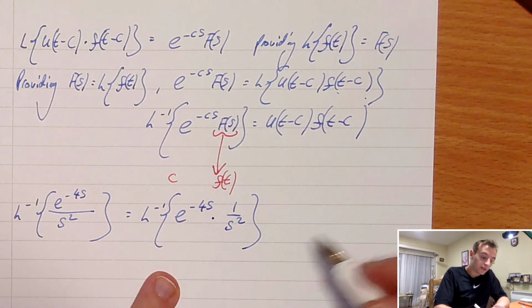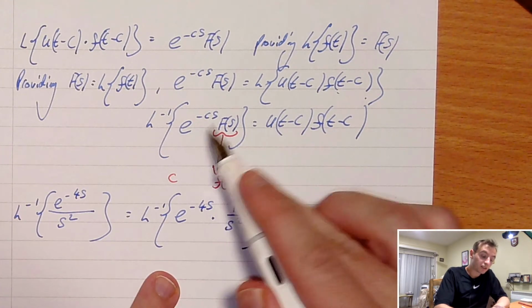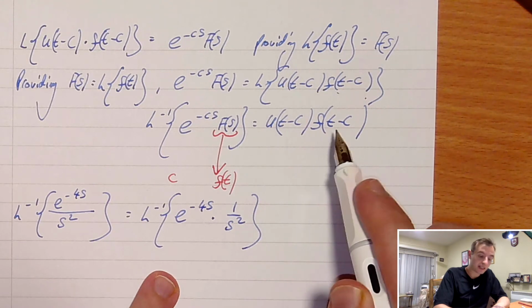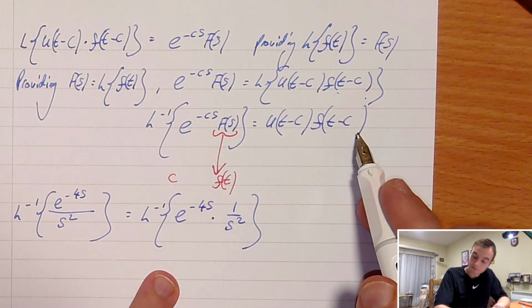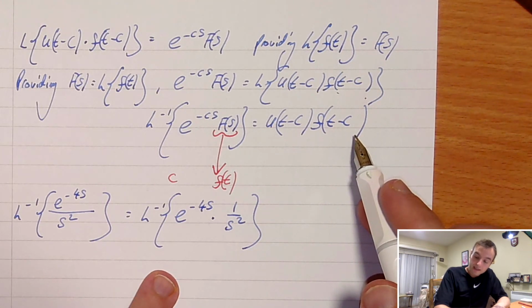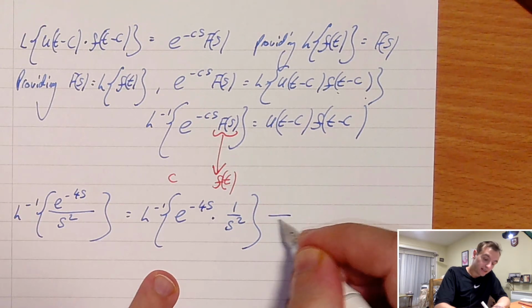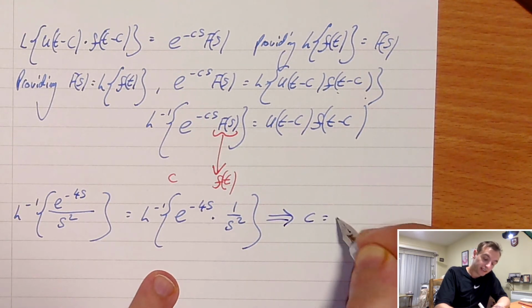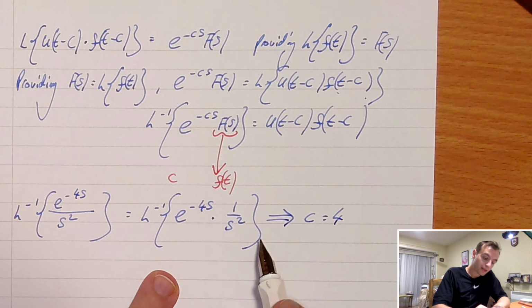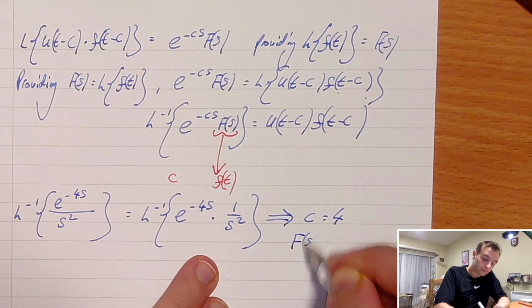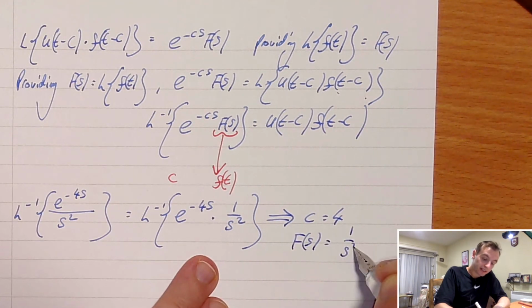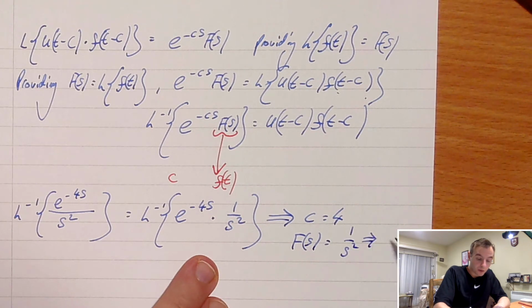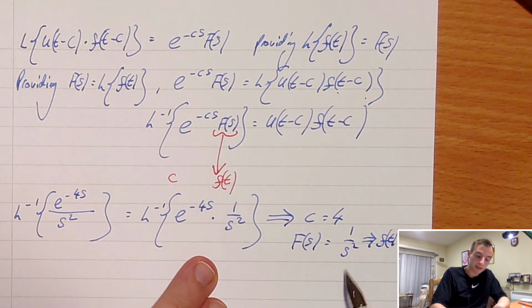And since we know that the inverse Laplace transform of e to the minus cs F(s) is u(t minus c) f(t minus c), we can therefore say that c, the shift here, is going to be 4, and F(s) is going to be 1 on s squared, which implies f(t) equals t. Because the forward transform of t is 1 on s squared.